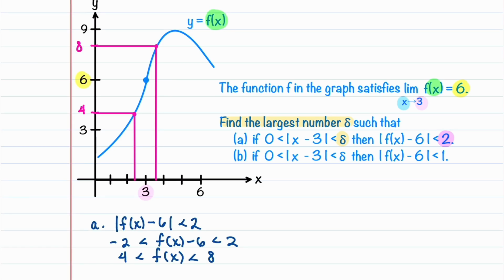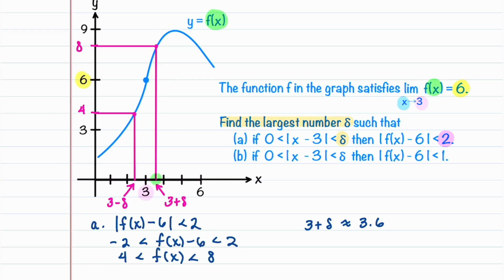Let's label this so you can see it. This is 3 plus delta, and this is 3 minus delta. To find delta, we can see that 3 plus delta is approximately 3.6. That's looking at this point right there.